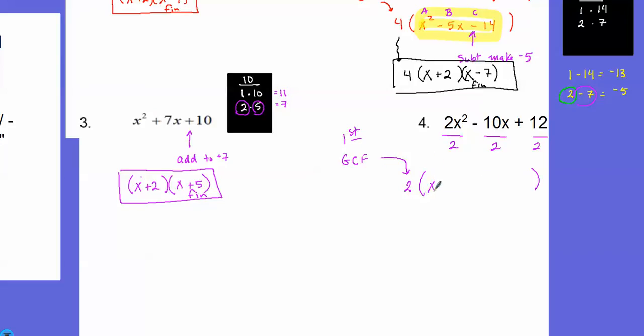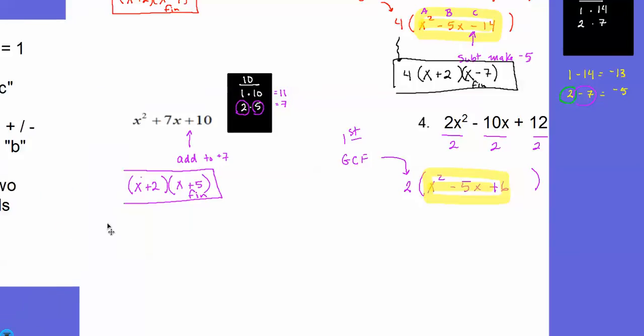Inside, I will be left with x squared minus 5x plus 6. I now see on the interior, this inside section is what I now want to focus on. This is a standard form quadratic where a does equal 1. So I can proceed. That's what I needed to make with this whole process.